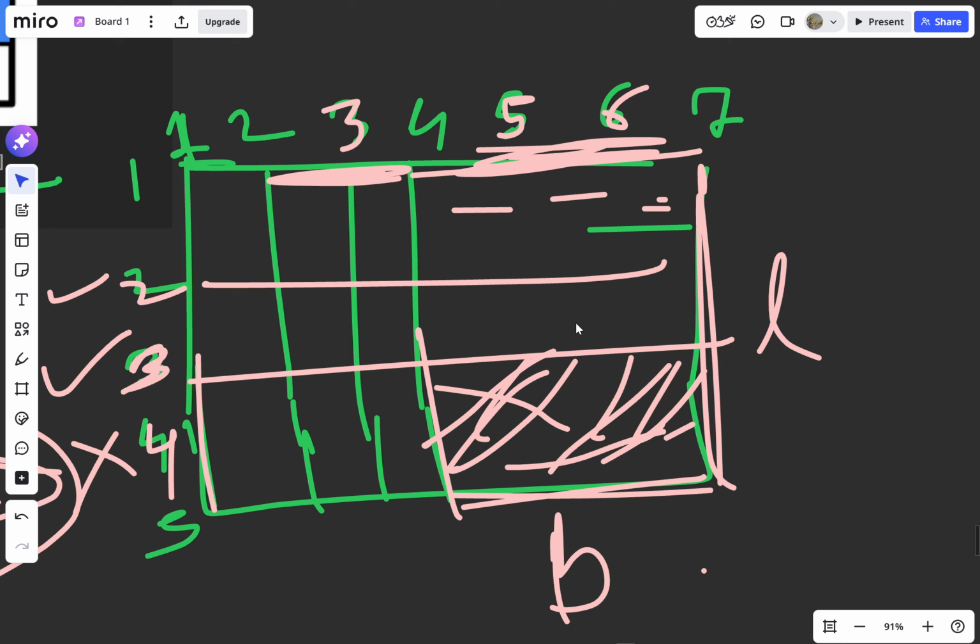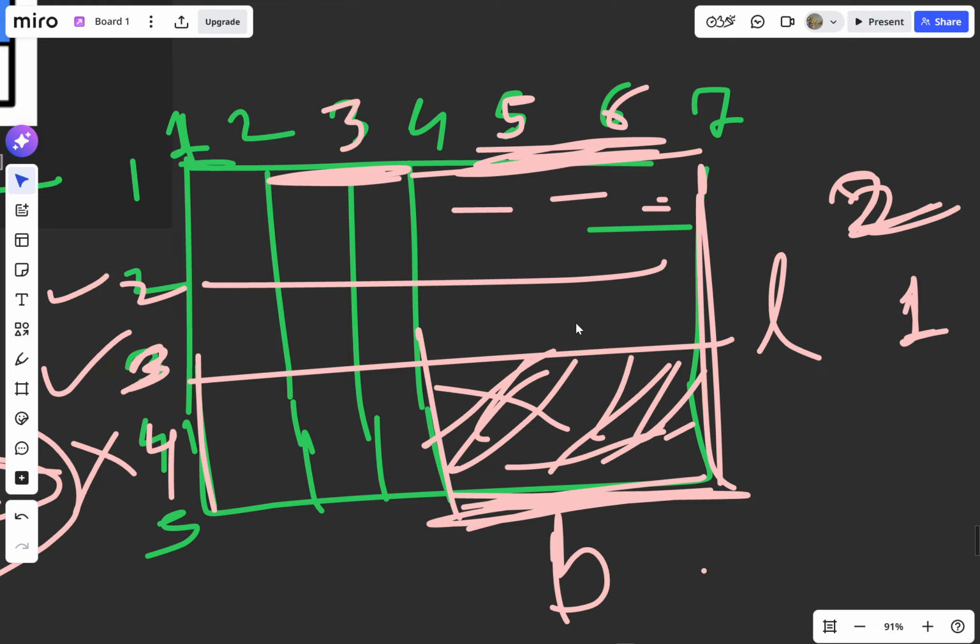So here we are removing two vertical bars, and here we are removing one horizontal bar. After removing this we will get to know how many continuous bars will be there.